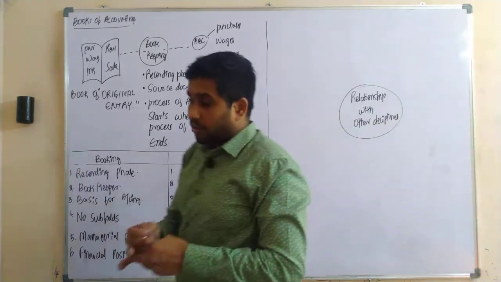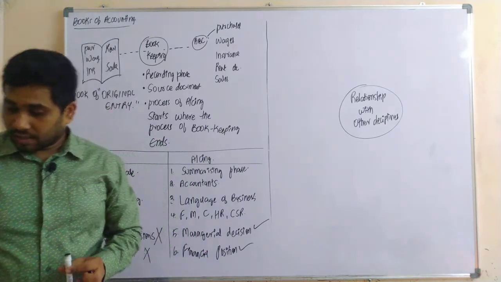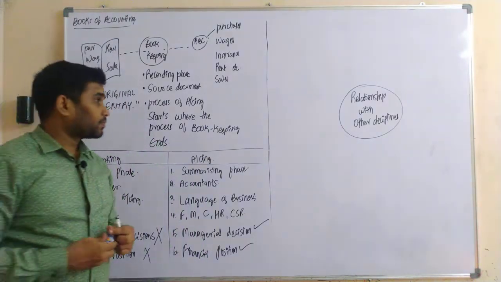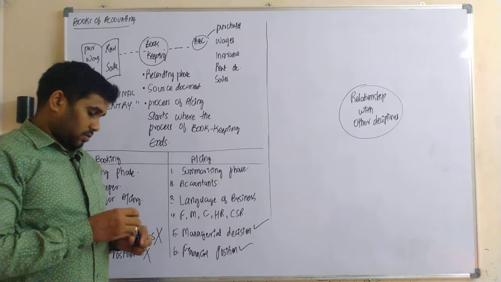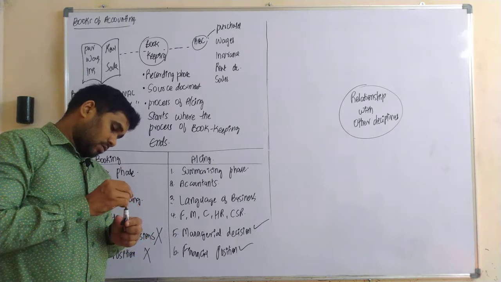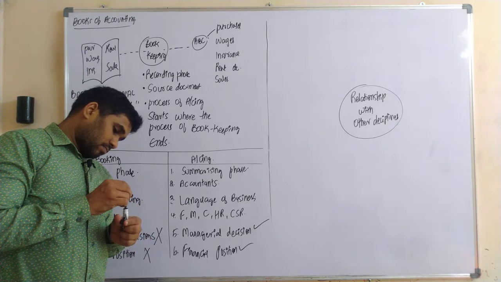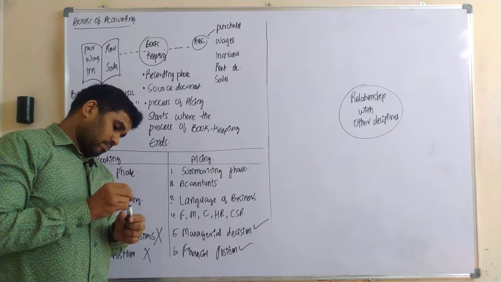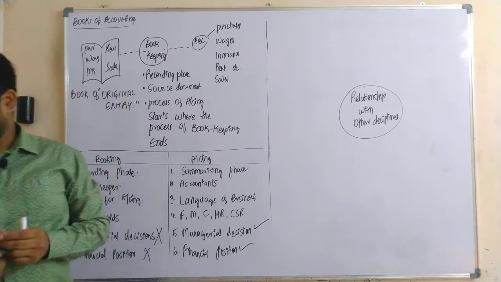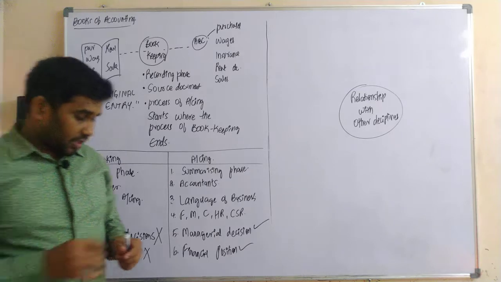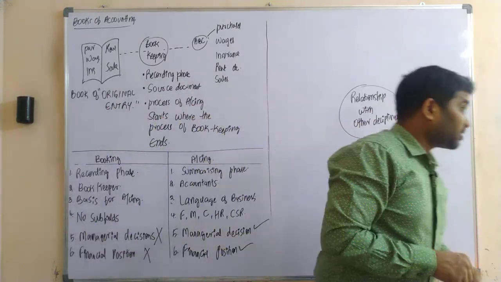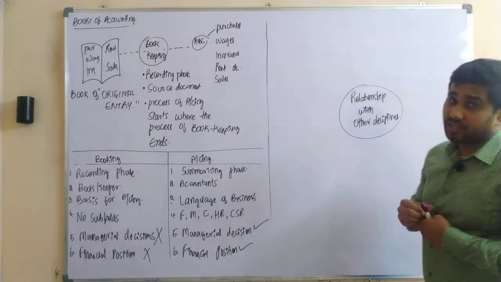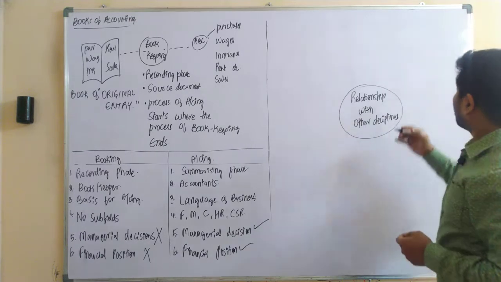Relationship of accounting with the other disciplines. Now, let's continue. So what are the other disciplines and what is the relationship between those other disciplines and accounting? Let's understand here.